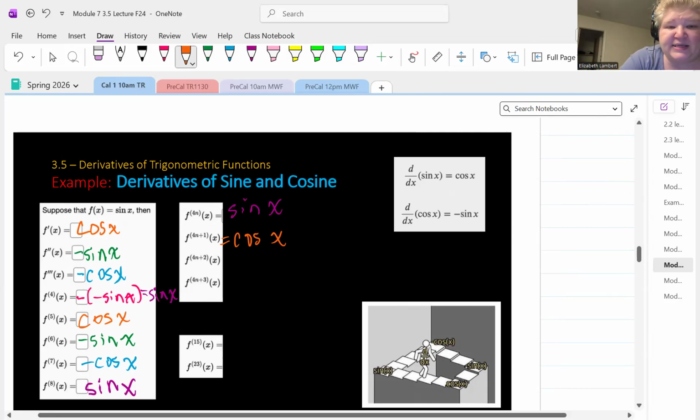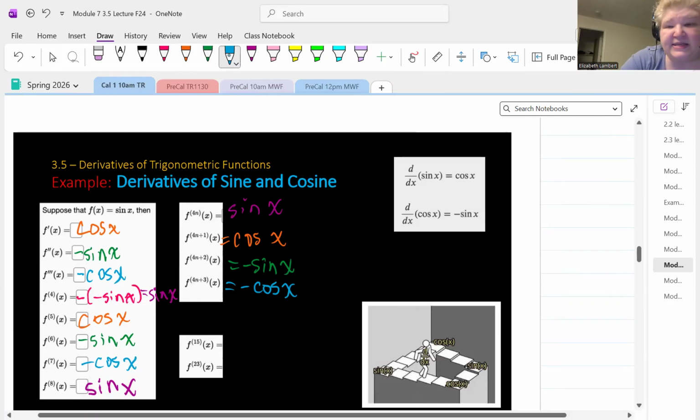If my number is 4 times an integer plus 2, which means if I divide it by 4, I have a remainder of 2, which would be a decimal of 0.5, that derivative would be negative sine x. And then our last one would be negative cosine x.